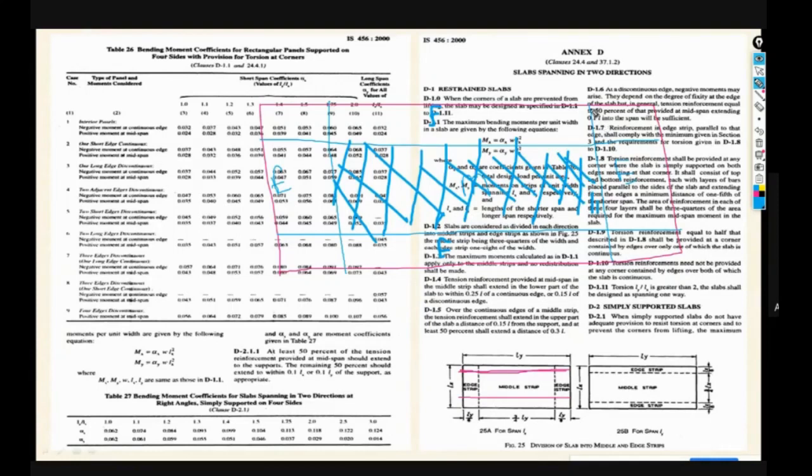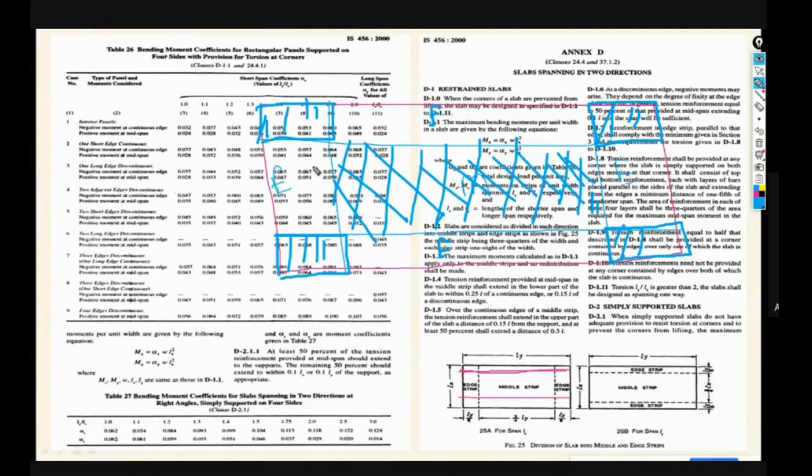And at the corners we are providing the torsion reinforcement, and that torsion reinforcement depends on the continuity of your slab. If you see over here, some clauses are there: torsion reinforcement shall not be provided at any corner where the slab is simply supported on both edges meeting at the corner.